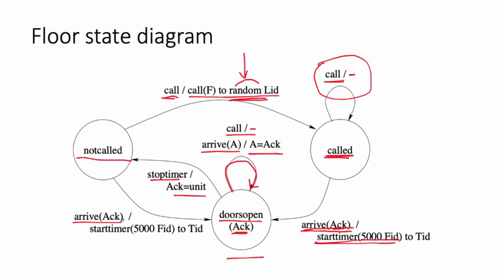It's because someone inside the lift wants to go to that floor. So the arrive message can come also from not called. So there we also have to start the timer again and open the doors. So you see we have to go through all the possible messages in all the possible states, and we have to do something reasonable for all those cases.